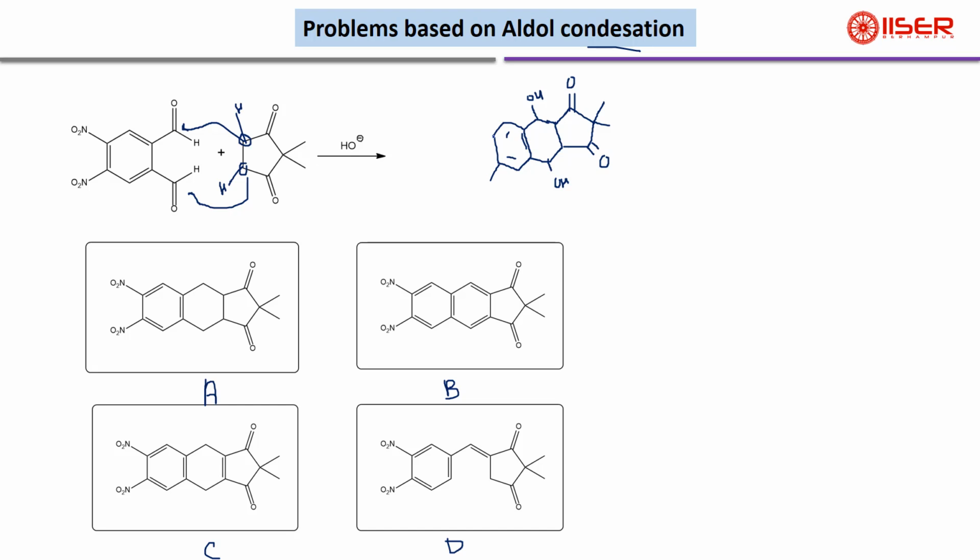Okay, so after elimination of water, as there is another alpha hydrogen available, this will come here. So after elimination of two molecules of water, the correct option will be option B. Correct option is option B. Okay.